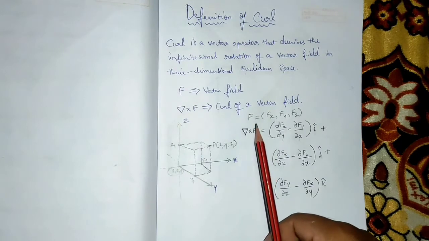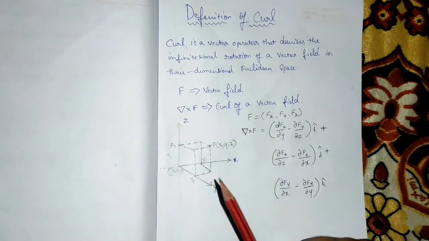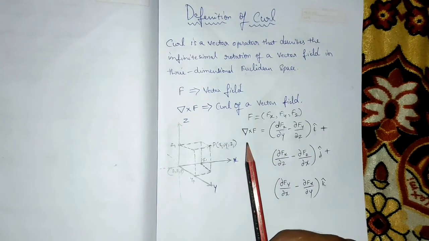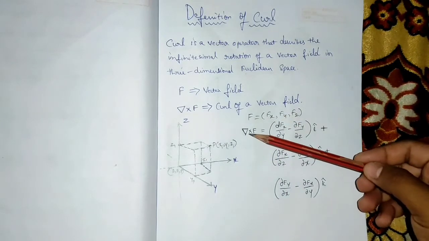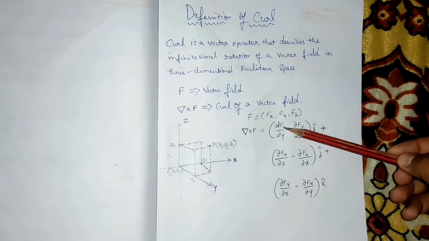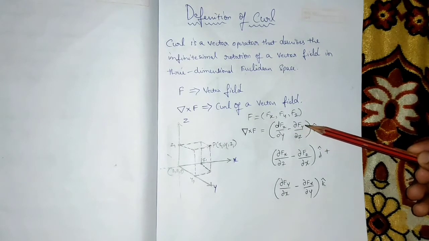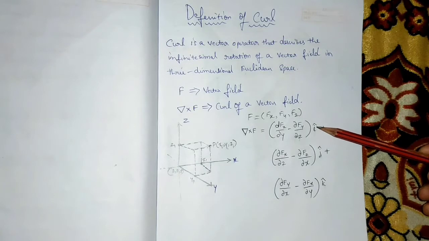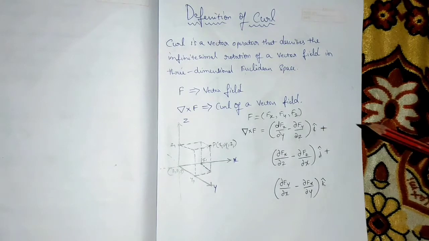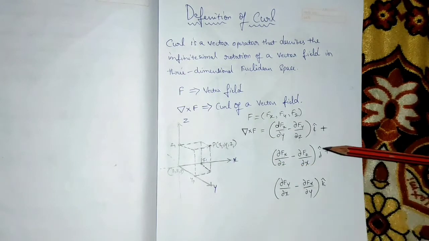By the mathematical description of curl, del cross F is equal to the rate of change of Fz with respect to y minus the rate of change of Fy with respect to z, multiplied by i cap. What is i cap? The unit vector in the direction of the x-axis.